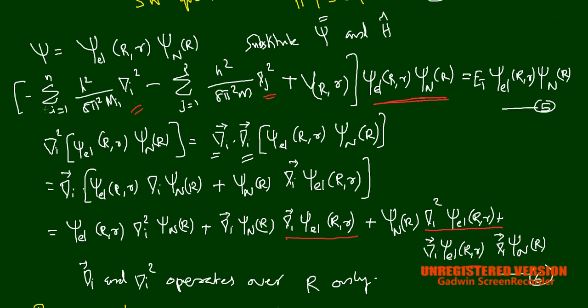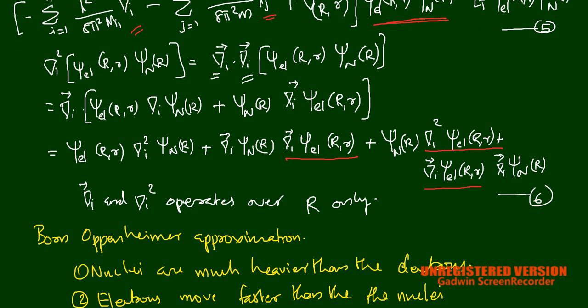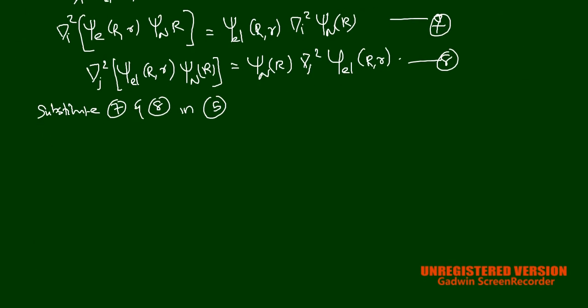In equation number 5, we have minus sigma I equal to 1 to n h square divided by 8 pi square mi del I square ψ electronic r ψ n r. That we will write first. You have to write all this in your notebook, otherwise you cannot follow. Then you have to check back what is written in the previous page, because I can't show all the things written in the board here.